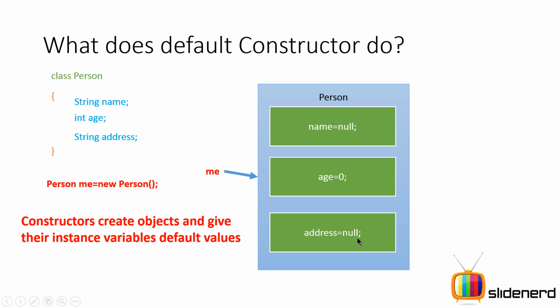If you remember the rules for default values in Java, all object types have a default value of null, which means String or any other object that you make here will have a default value of null. All numbers have a default value of 0, that is age is 0. If there was a double, it would be 0.0, and booleans have a default value of false. Those are the three things that you need to remember as far as default values are concerned.